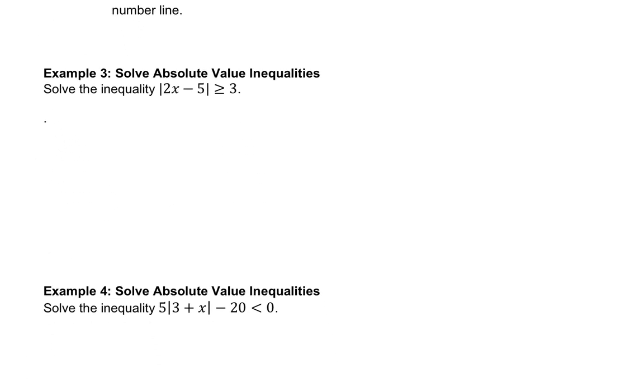So we have solve for 2x minus 5 is greater than or equal to 3. So you're going to go 2x minus 5 is greater than or equal to 3, and 2x minus 5 is less than or equal to negative 3. So you have to flip the direction of your sign and then make the right side a negative.